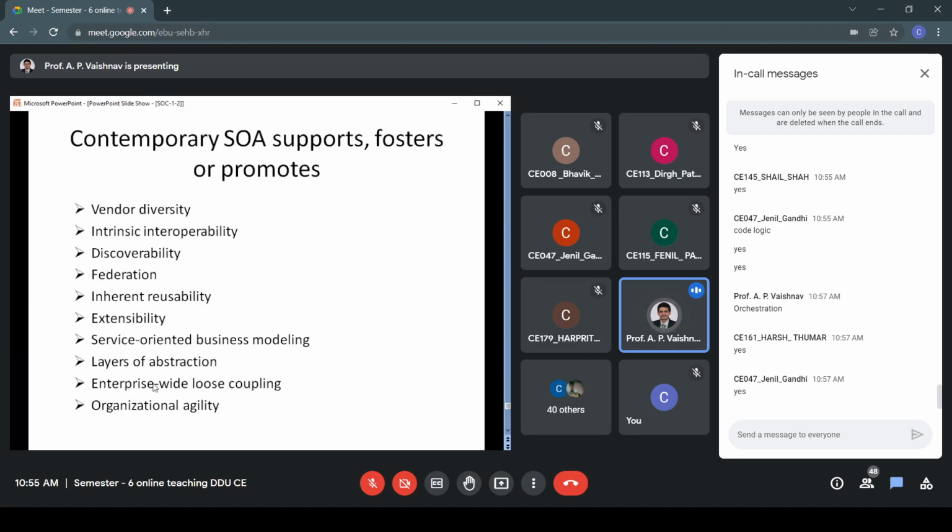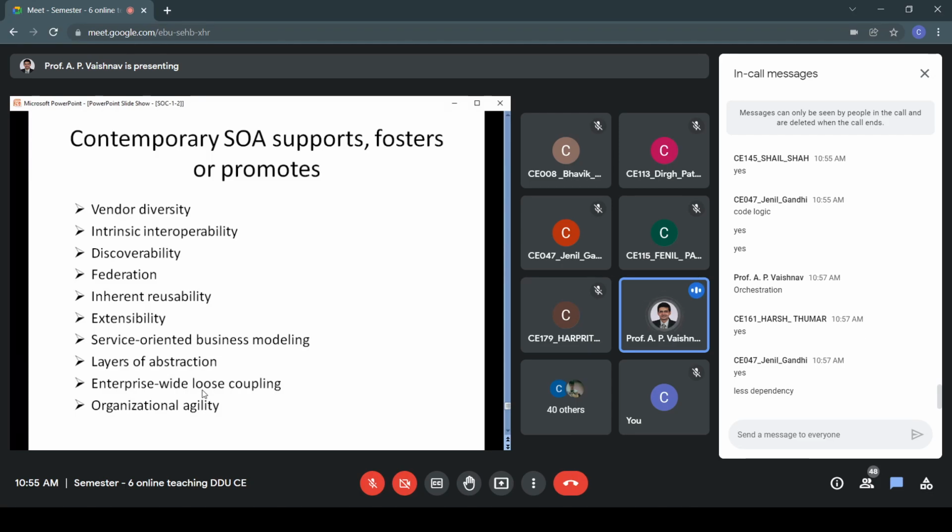Next is important, enterprise-wide loose coupling. Does anyone remember what loose coupling is according to SOA? When I say that service A is loosely coupled with service B, how can we prove that? Less dependency, correct?